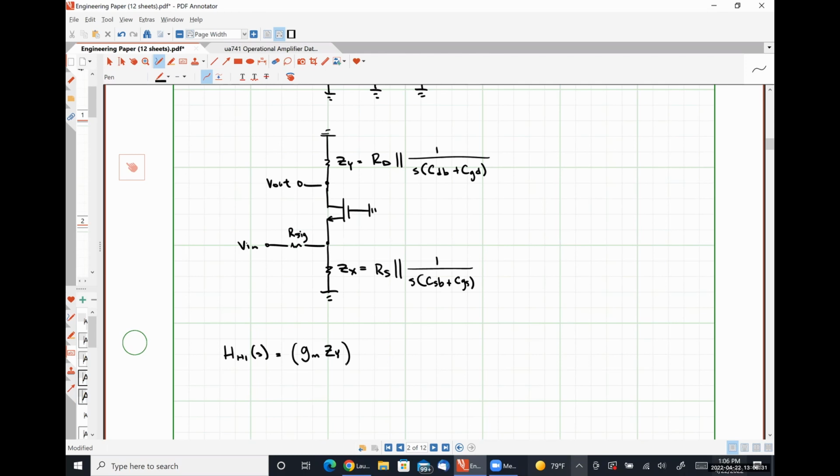The transfer function between, so if this is X and this is Y, the transfer function between Vn and Vx is just that simple voltage divider, where we want the voltage drop over Zx, which is what we see looking down, in parallel with 1 over Gm, because that's what we see looking up.